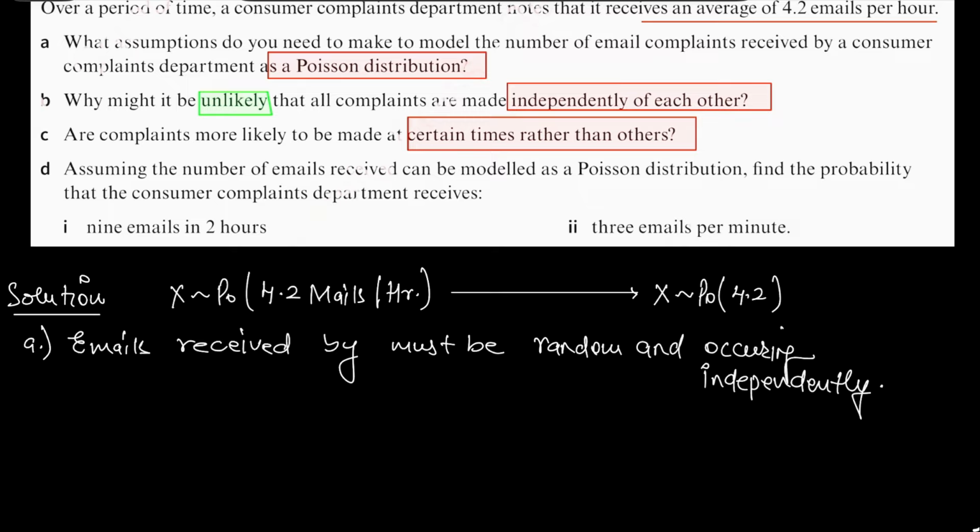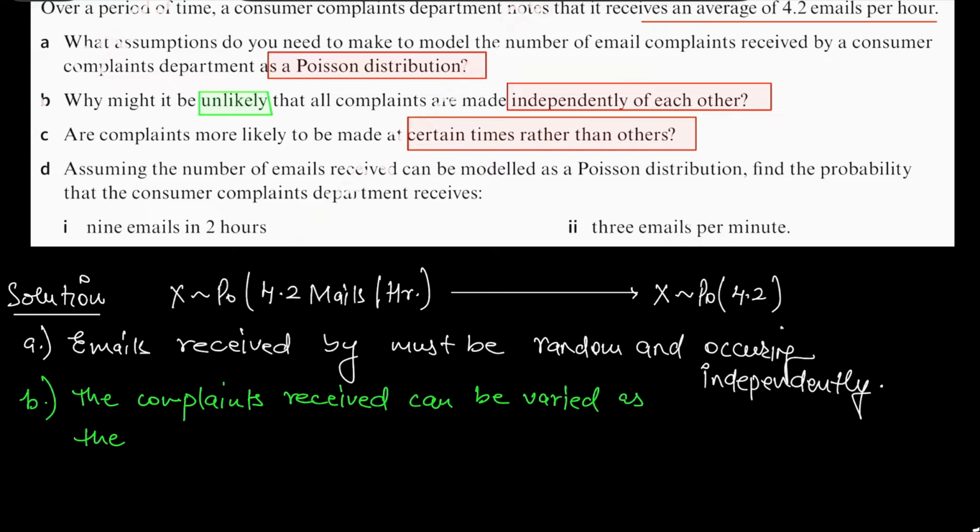Now, part B says, why might it be unlikely that all the complaints are made independently of each other? So we will say that the complaints received can be varied, as a faulty product might generate a large number of complaint emails.